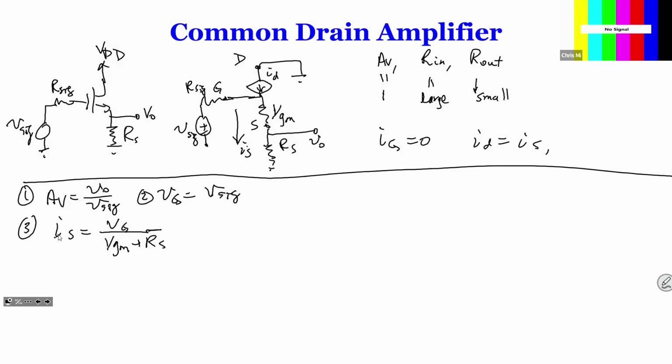So therefore, as a next step, we want to find VO. Just again recap. Because there's no current into the gate, VG is equal to the same as VSIG. And the current is going to be VG over 1/GM plus RS, those two in series.